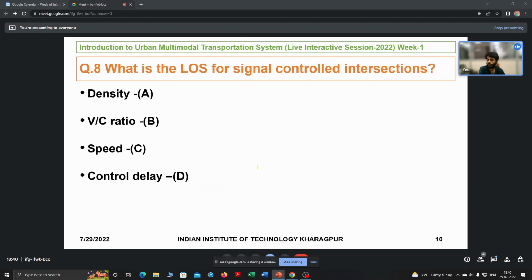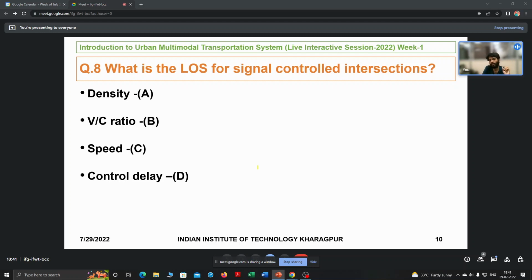Then, what is the level of service for signal control intersections? Now we just looked at the quality of service. Level of service is nothing but a quantitative stratification, right? If you see the Highway Capacity Manual, which is a manual developed for transportation engineers, their level of service category is A to F, and it is based on particular performance measures and their values.